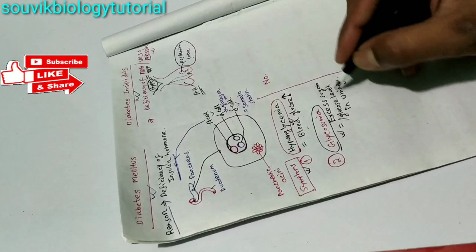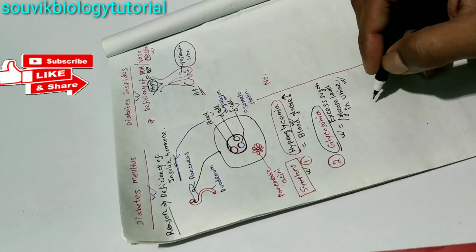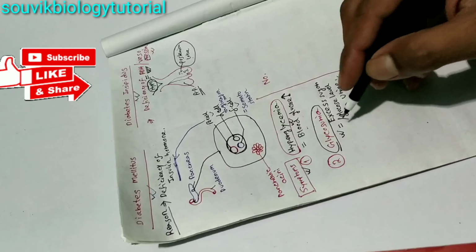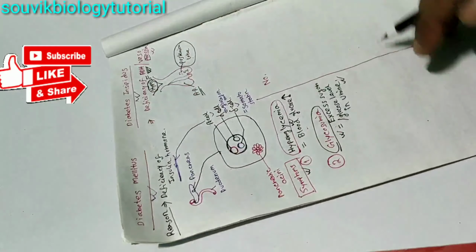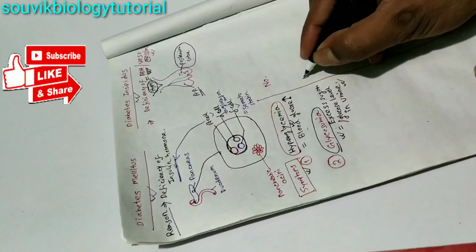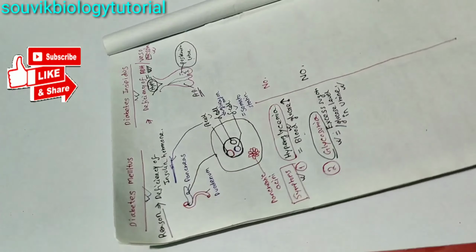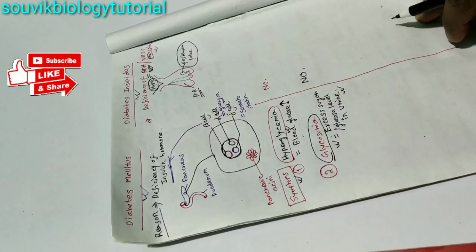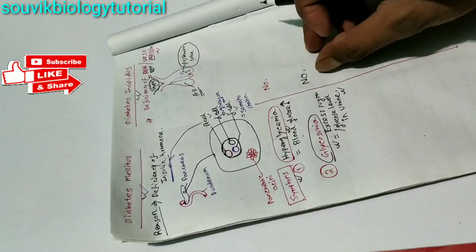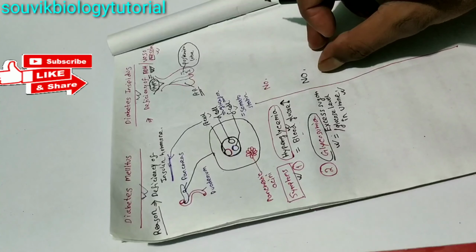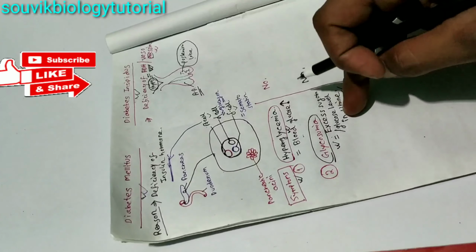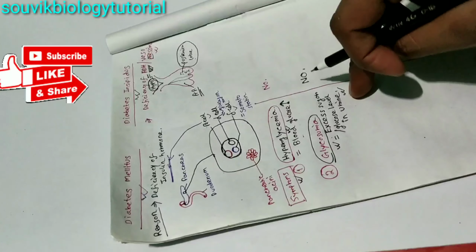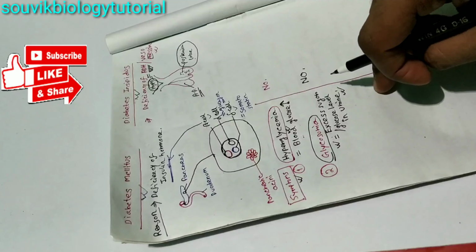Glycosuria means excessive glucose in urine. Okay, this is known as glycosuria. This occurs in case of diabetes mellitus. But here no glycosuria is found. That means in diabetes insipidus no glycosuria is found. That means no excess glucose is found in urine. But in diabetes mellitus, excess glucose is found in urine, which is known as glycosuria.